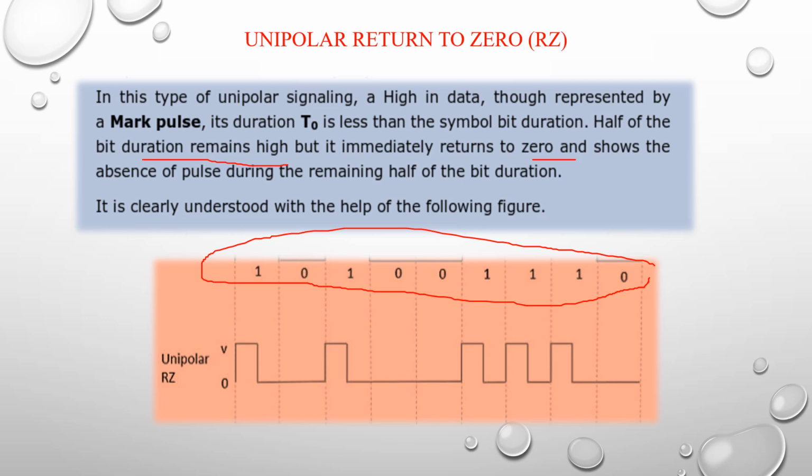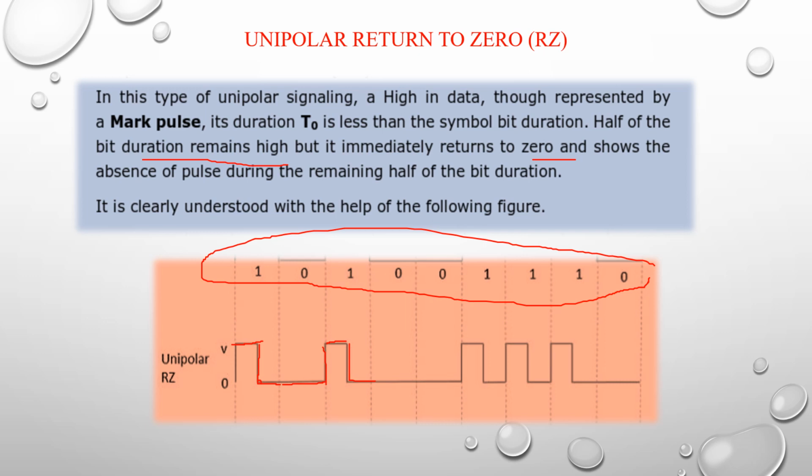Half of the bit duration, from here to here, this is the full duration and this is the half of the duration. Given input is 1, so half of the bit duration is high. After that, it immediately returns to 0. So the next bit is 0, you keep it as it is at 0, and the next bit is 1. So half of the bit duration is high, and immediately returns to 0. So this is the representation.